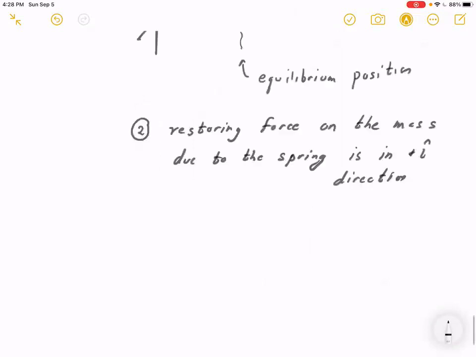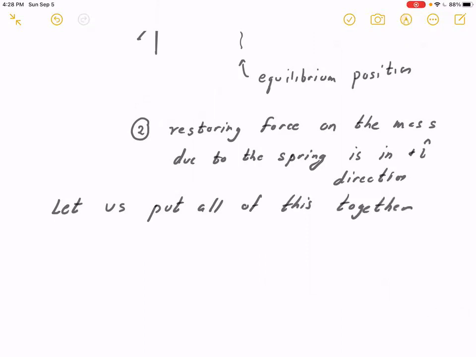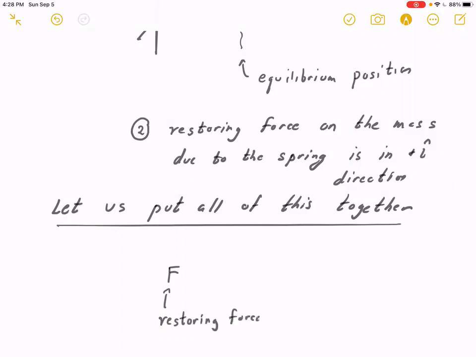So you can put all this together and write it in the form of a nice simple equation. This restoring force, F, in this system, this simple harmonic oscillator, is going to be proportional to the displacement of the mass from its equilibrium position.